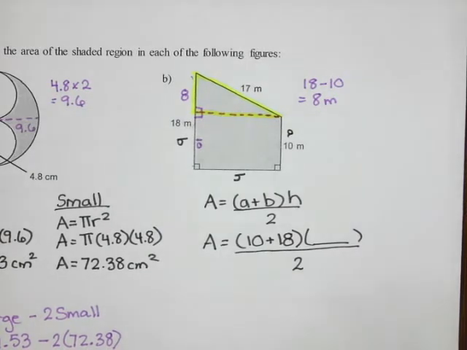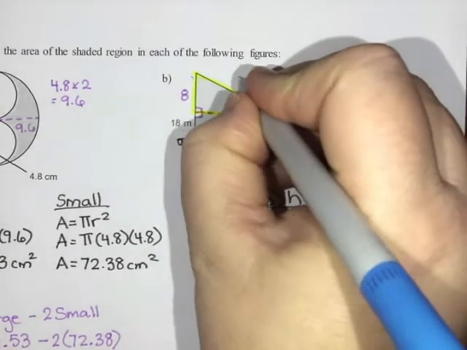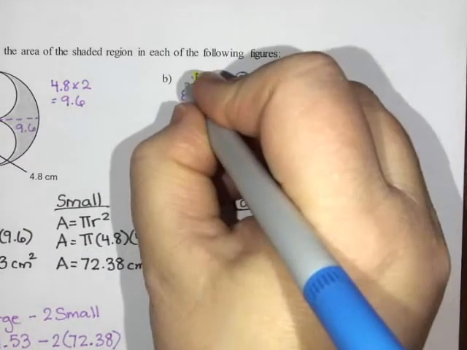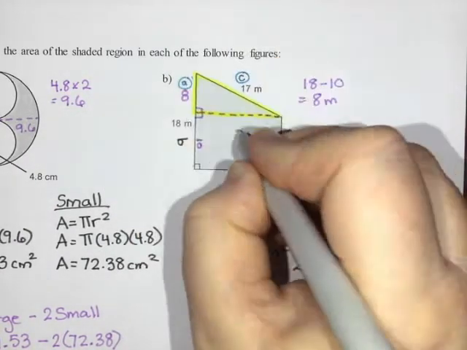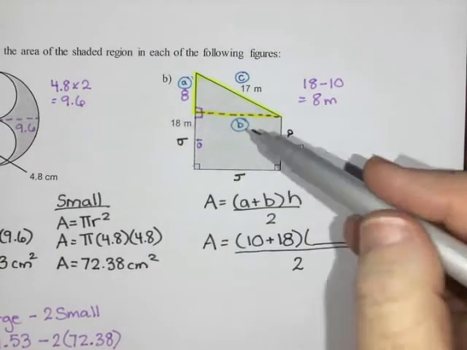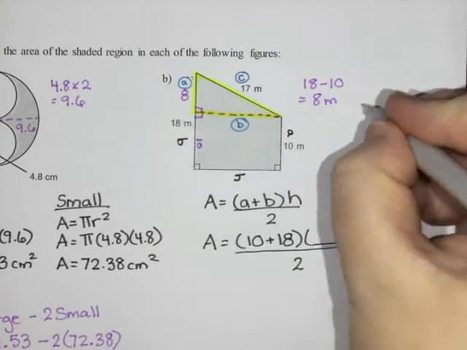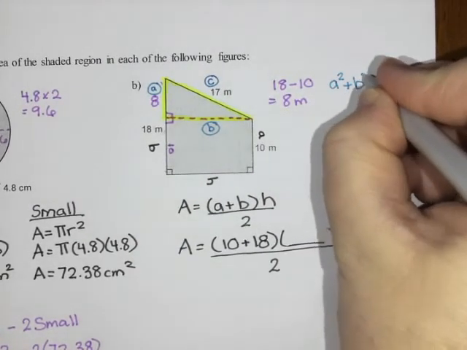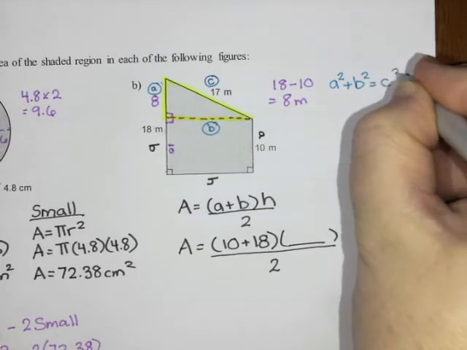The hypotenuse is always across from the right angle. That's my C. And then I'm going to call this A and this B, which is a little confusing with the formula, but that's why I circled them. So A squared plus B squared equals C squared.